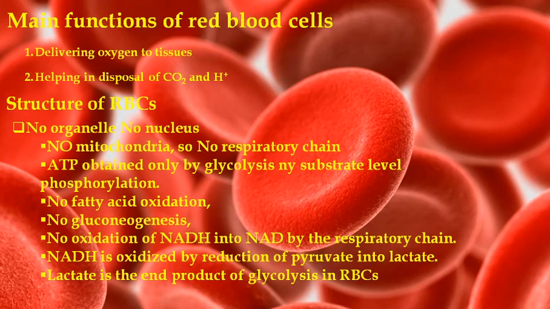So we have to observe that red blood cells do not have mitochondria, so all the ATP obtained by the red blood cells is obtained by the process of glycolysis, and glycolysis will proceed anaerobically.